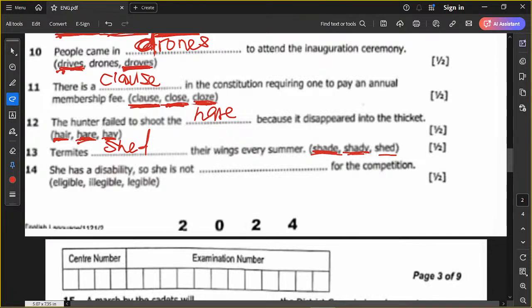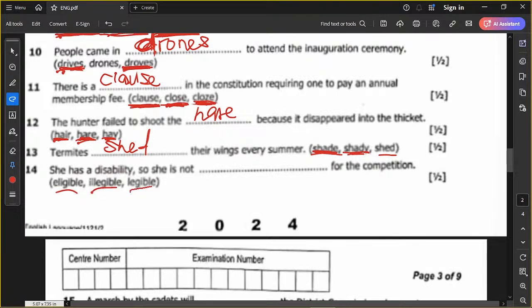Question 14. She has a disability, so she is not dash for the competition. So here we want to find the word eligible. We have got eligible here, and illegible here, and legible here.